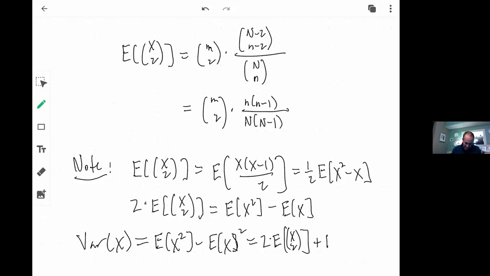So I'm going to have to add E of x in, and then I just have to subtract off the square of the expected value. And I know all of these things. If I know the expected value, of course I know the square of the expected value. Because I know that, and I know the previous expected values, I'm going to be able to compute the variance from that. So that might seem like a little bit simpler way of doing this.